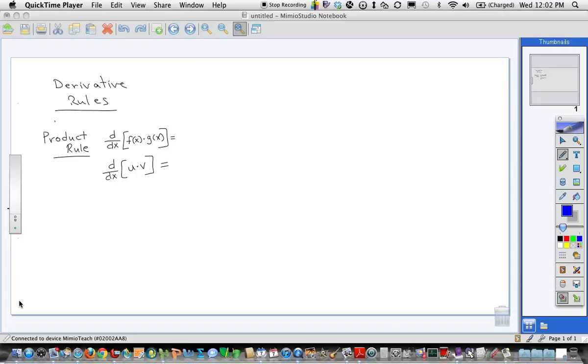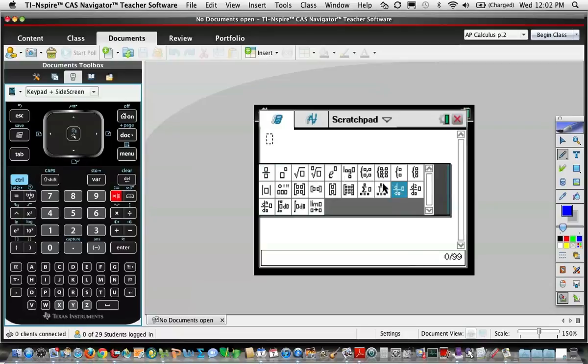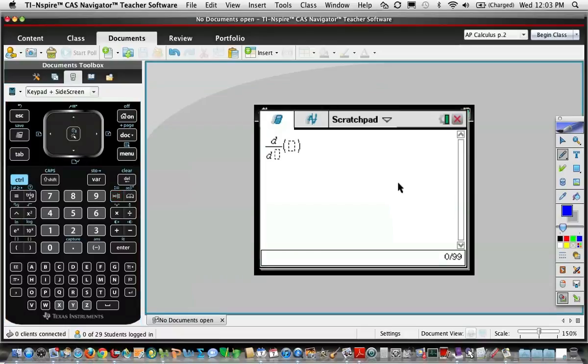Now, you can do this with me on your calculator if you want, because we know the calculator will do derivatives for us. So one thing we might do is just do one and see what the calculator says. So if I come in here and put an x in, derivative with respect to x, and let's try a real simple one here.